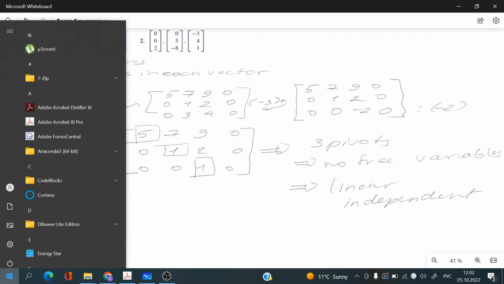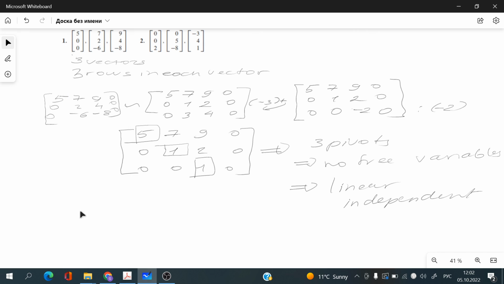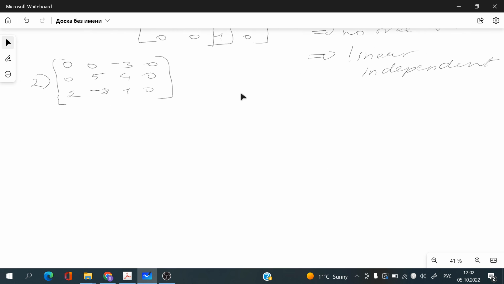I'm going to write it here. 0, 0, -3, 0, 0, 5, 4, 0, 2, -8, 1, and 0. Do you remember? This is my 1 and this is 2, correct? We know the 3 basic operations: replacement, interchange, scaling, and so on.